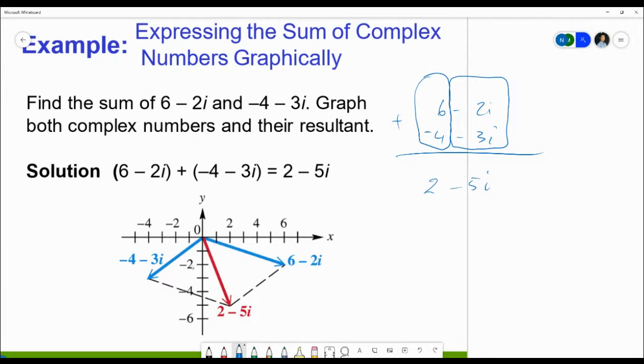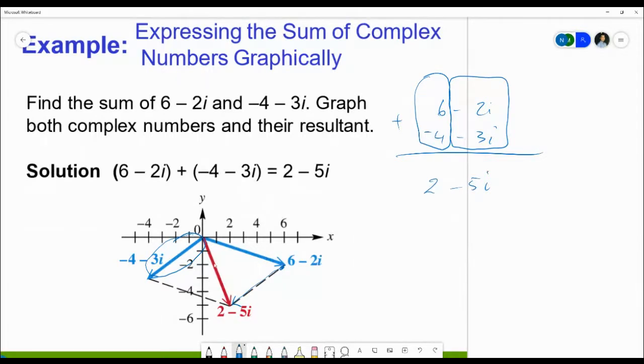So you can see here that complex values can also be added by using vectors. And we learned how to add vectors before by taking one of the vectors and moving it so that its tail is at the head of the other one. So I'm going to move -4 minus 3i over here and put its tail at the head of 6 minus 2i.